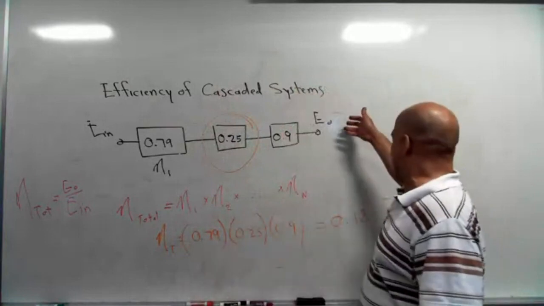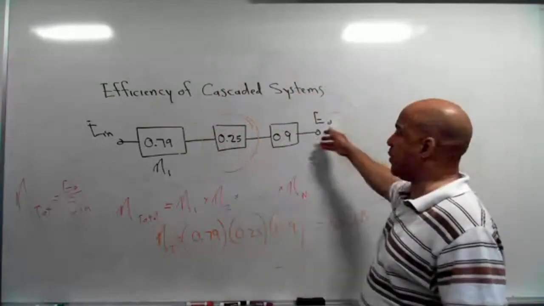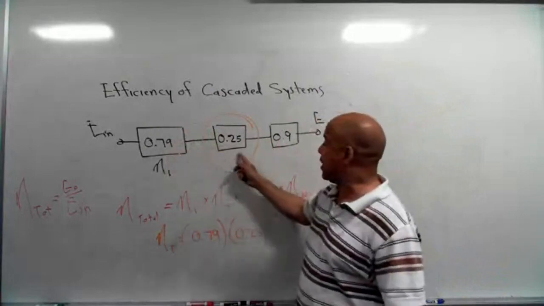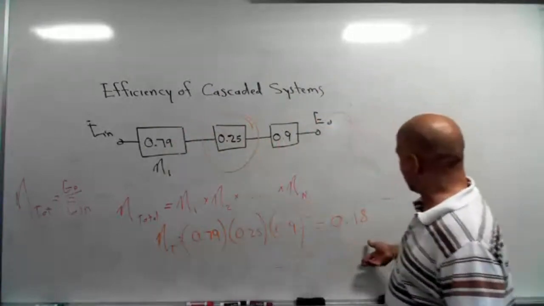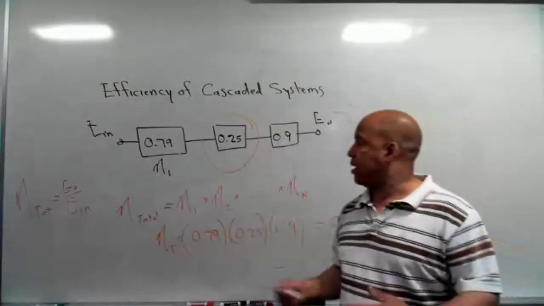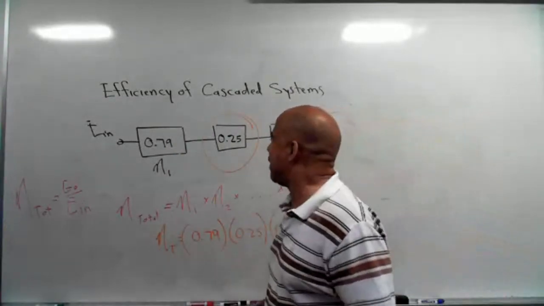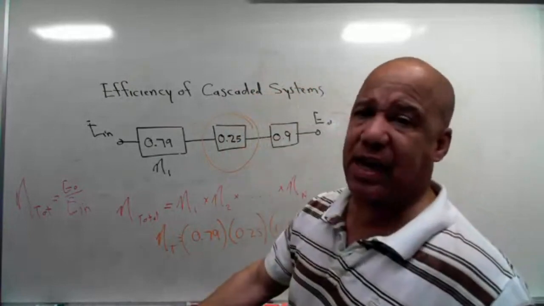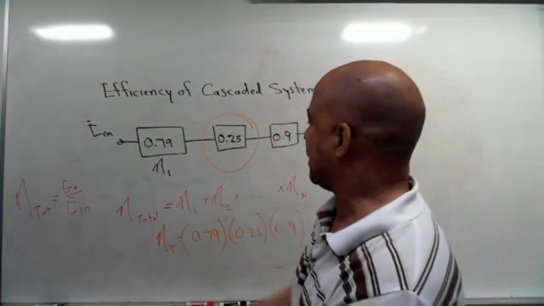And that'll greatly bring up your system if you can deal with that one. These two, you won't get much closer to 100. But this one, you might be able to do something to greatly raise that up closer to the 79 or the 90%. So I don't know if I'll give you a problem with cascaded systems or not, because we're not going to spend a lot of time talking about it, but I at least wanted to touch on it.